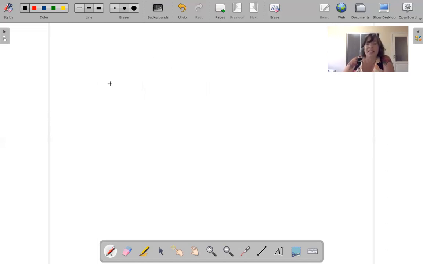We're going to do different exponents. 6.1 times 10 to the 4th plus 3.2 times 10 to the 5th. Oh, Mrs. Gibbons, how do we do this?